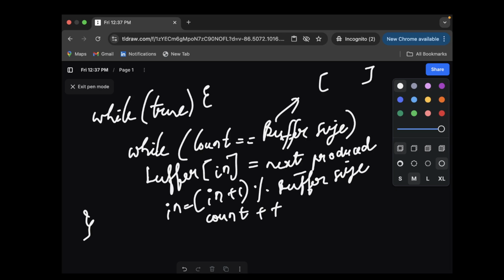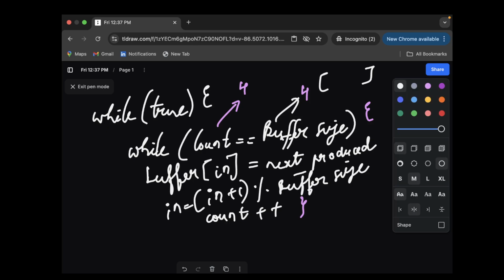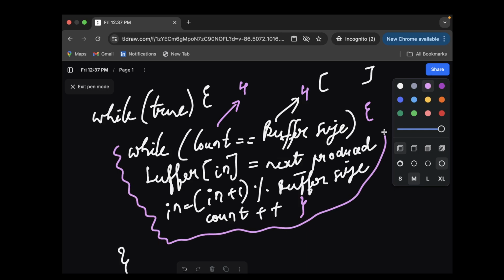If I'm overfilling, suppose my buffer size is 4 and count is 4, then I will not be entering this loop. I'll be skipping this part.